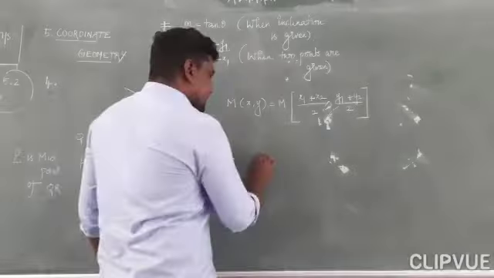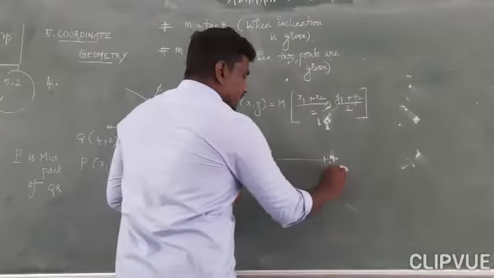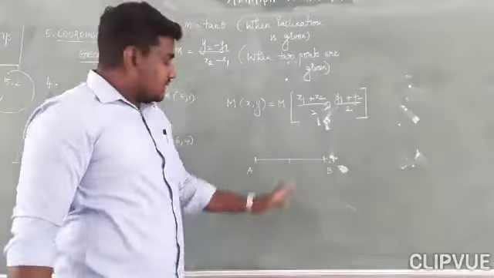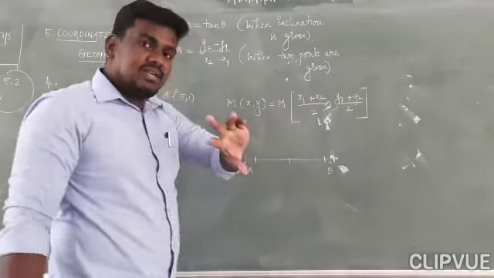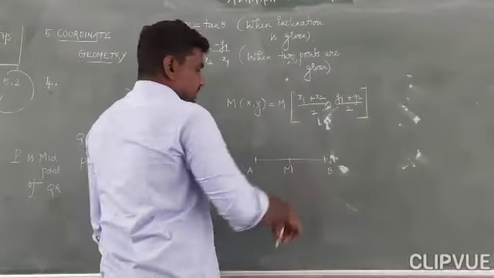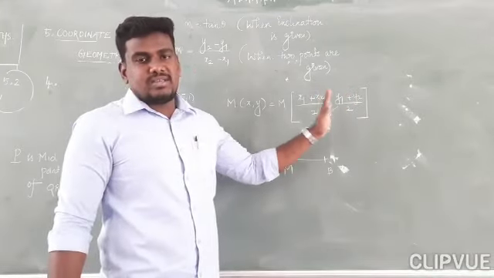Midpoint means this is a line segment, and points A and B are given. If we divide it into 2 segments, the 2 segments must have equal length.